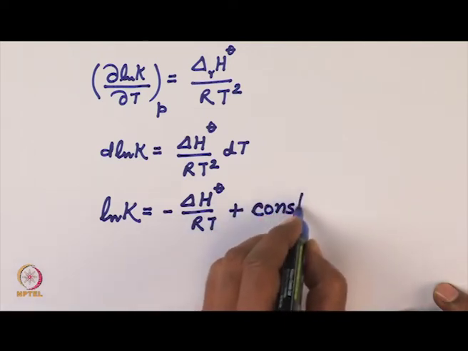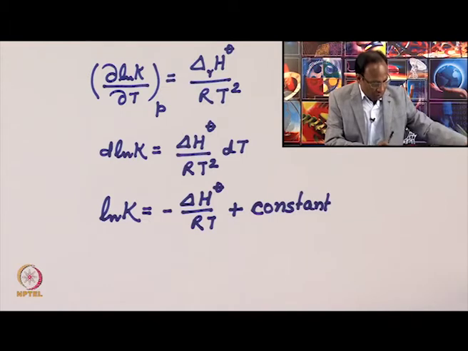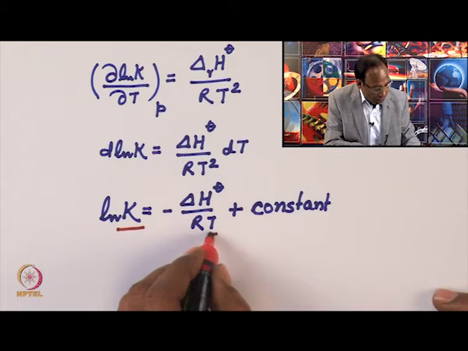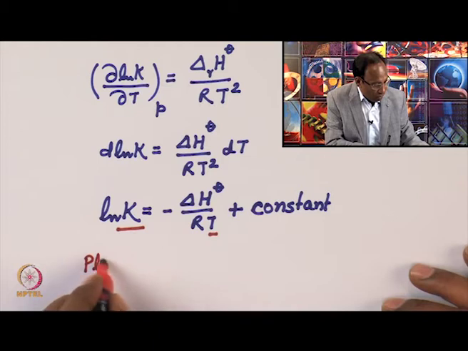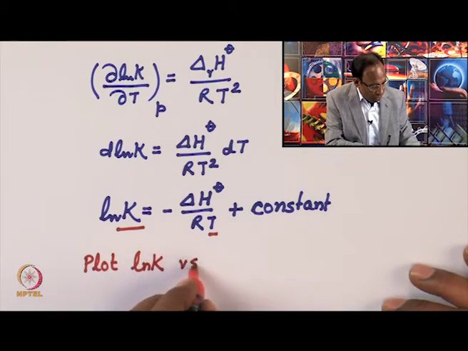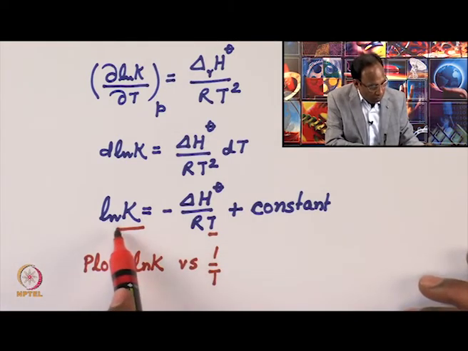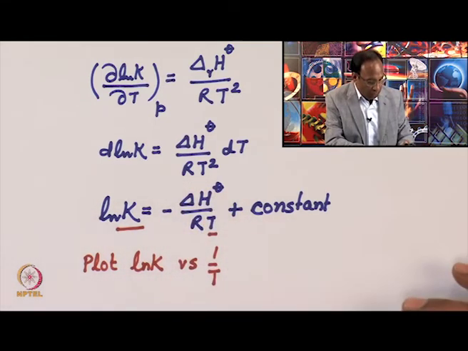This equation we have discussed during the lecture. Now, what we have been given is the value of k at different temperatures. So, what we will do is we will plot log k against 1 by T. And obviously, when you plot log k against 1 by T, minus delta H naught by R is the slope.